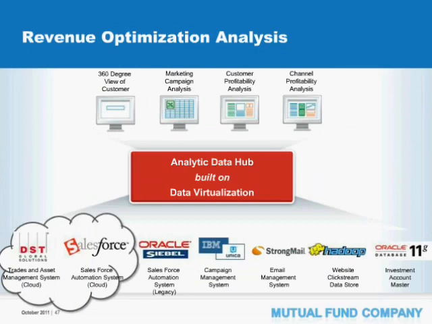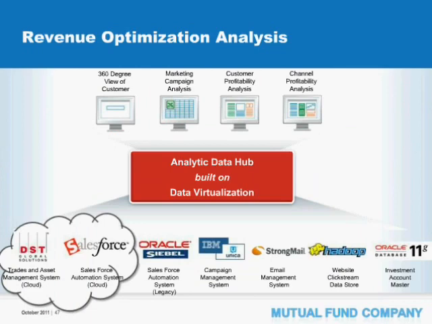What was interesting is not only did they use Hadoop data as one of their sources, but they used their traditional Oracle and Siebel data, and they also used data from Salesforce.com and a couple of other cloud sources. That was a pretty cool use case because they brought data together from all these different sources without having to actually move it and created this analytic hub.